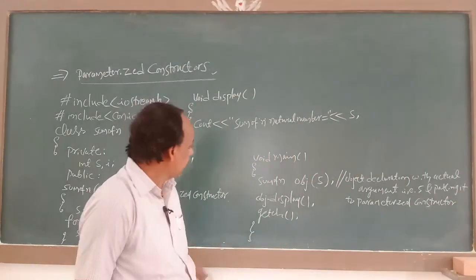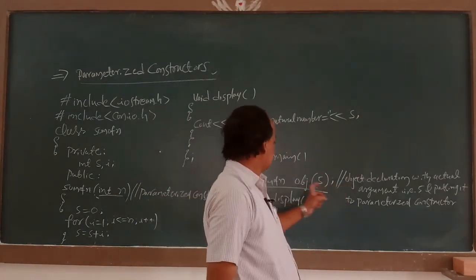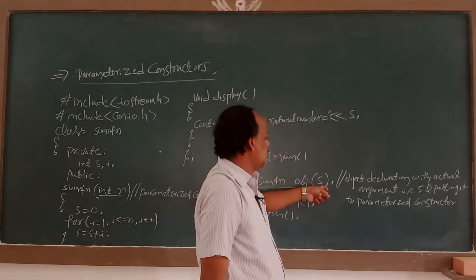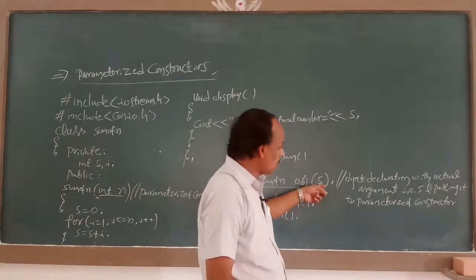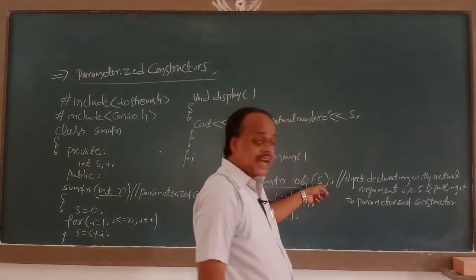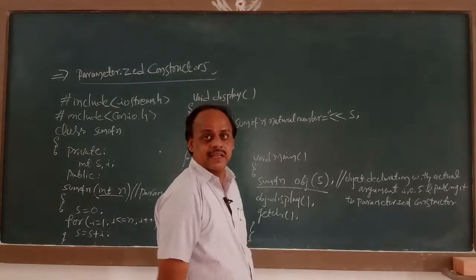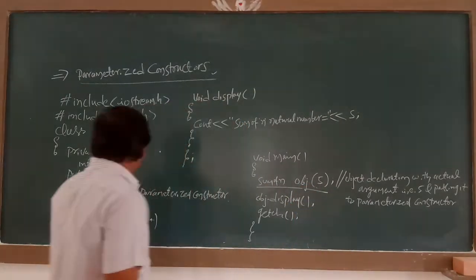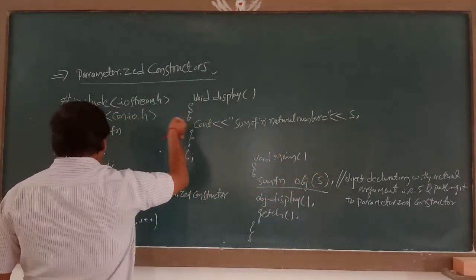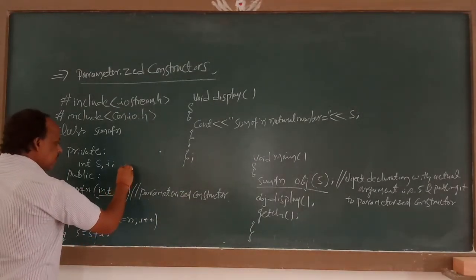What I have written here, this step is what? Object obj declaration with the actual argument. This 5 is the actual argument, and it is passed to the parameterized constructor. Whenever this object is declared, the constructor automatically works. Here a parameterized constructor is there. Therefore this 5 is passed to this parameterized constructor. Then n value becomes 5.